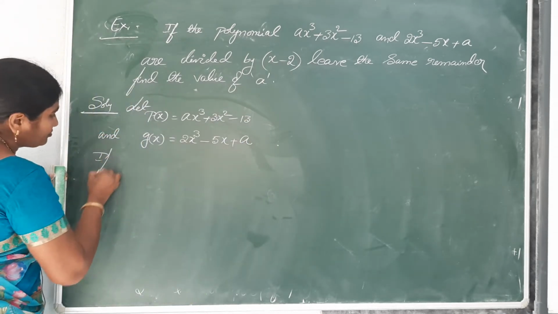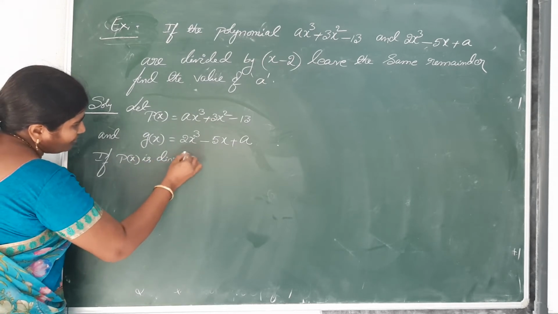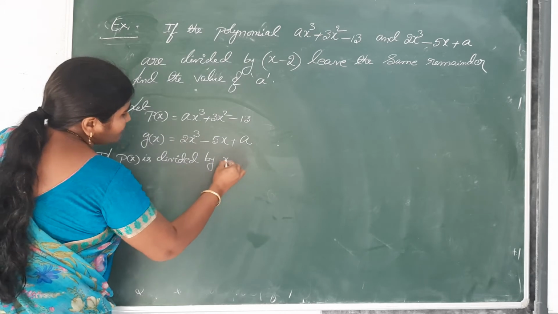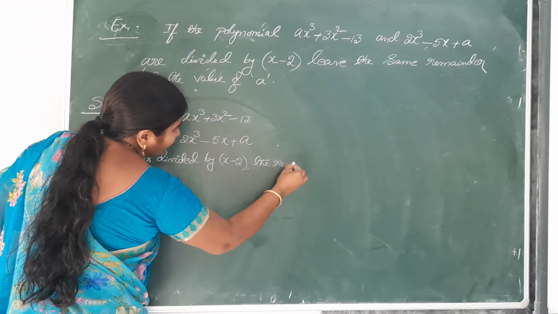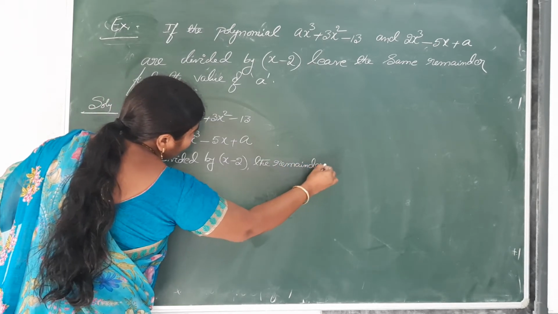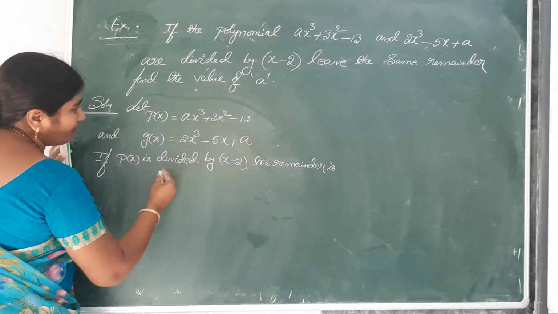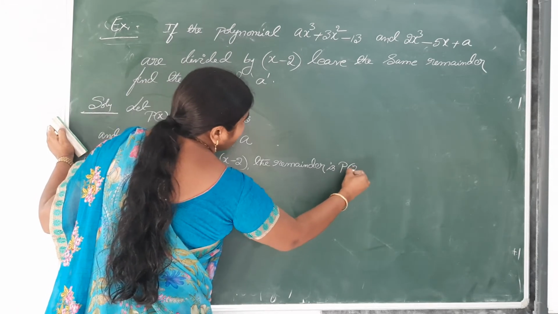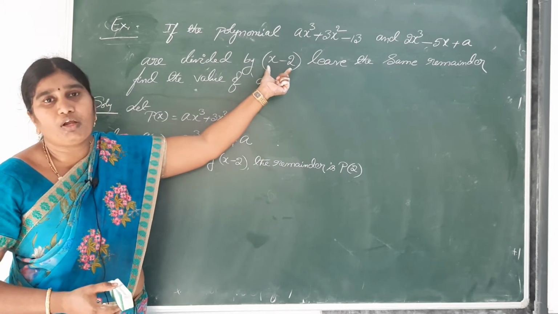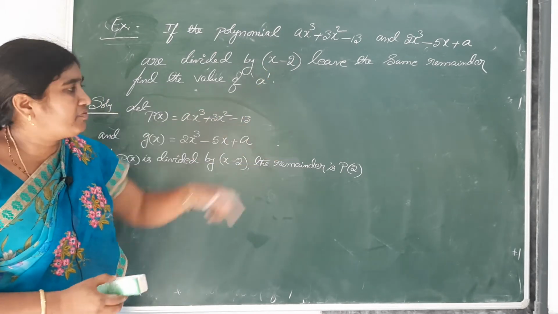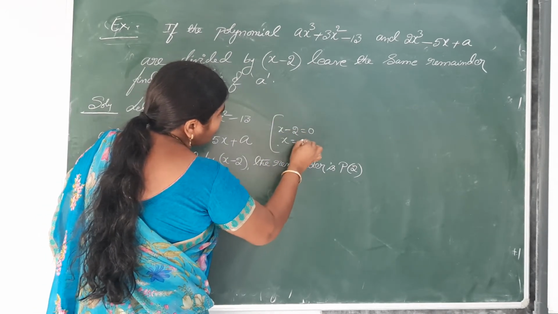If p of x is divided by x minus 2, then the remainder is p of 2. The zero of the polynomial x minus 2: to find the zero, set the polynomial equal to 0, x minus 2 equals 0, x equals 2.